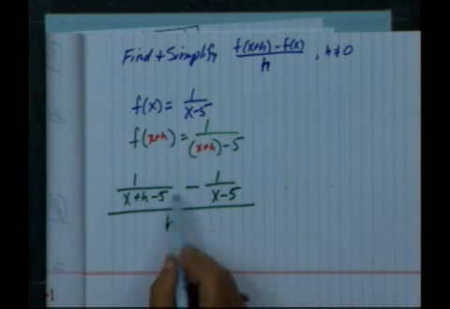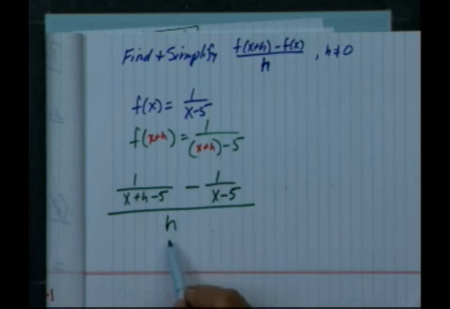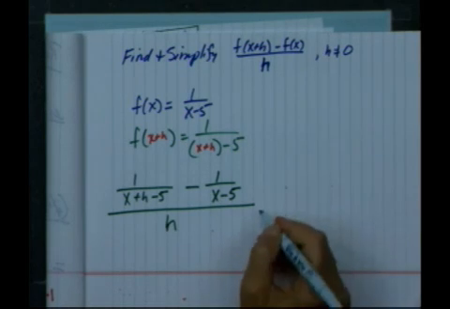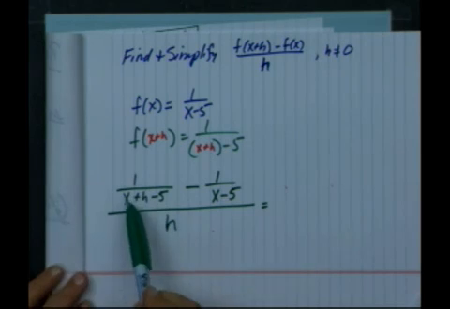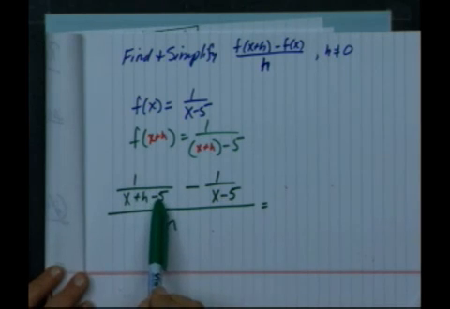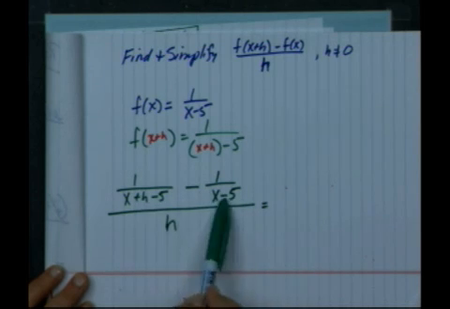All right, is there a question this far? This is f of x plus h minus f of x all over h. Okay, so now we have to simplify this complex or compound fraction. Is x plus h minus 5 and x minus 5, are they the same numbers? They're totally different numbers.